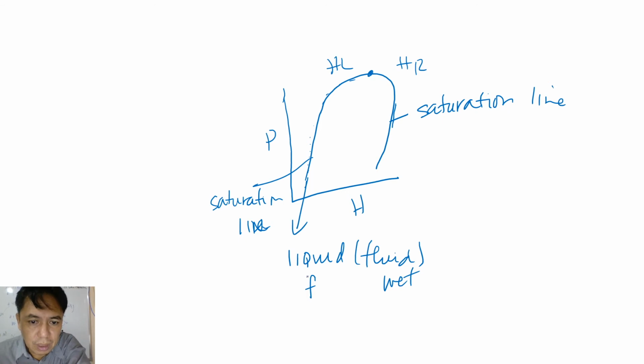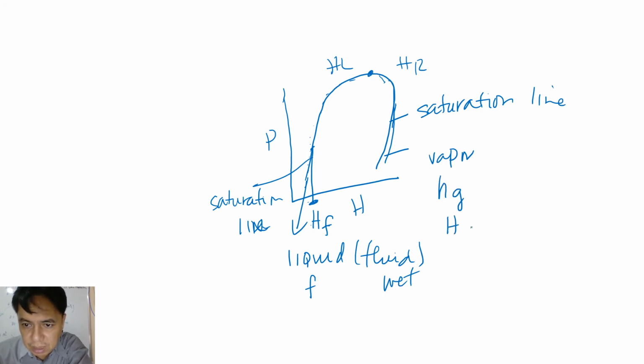For example, if I get an enthalpy here and project it downward, what is this enthalpy? HF, enthalpy of the saturated fluid. What about here? On the right half, this is the saturation line called saturated vapor. So this one is HG.